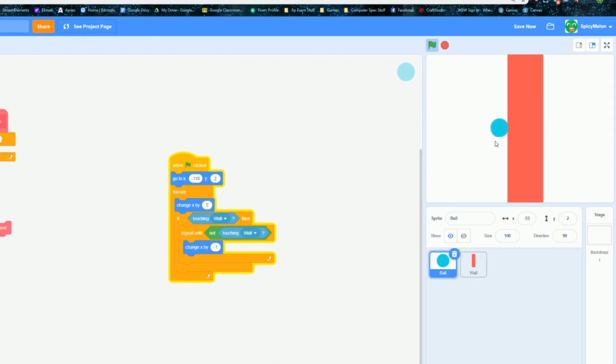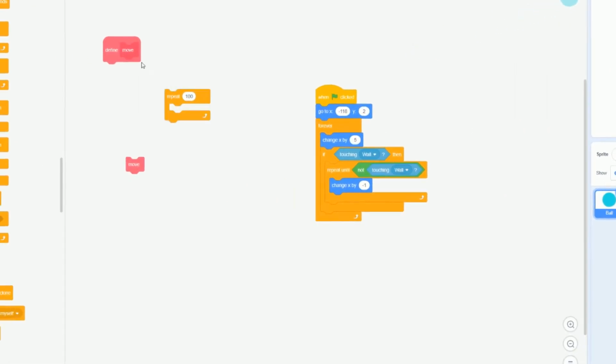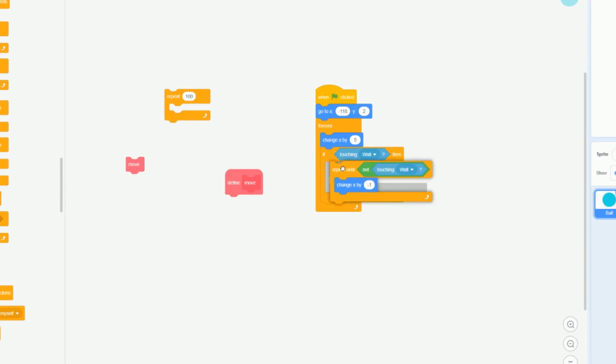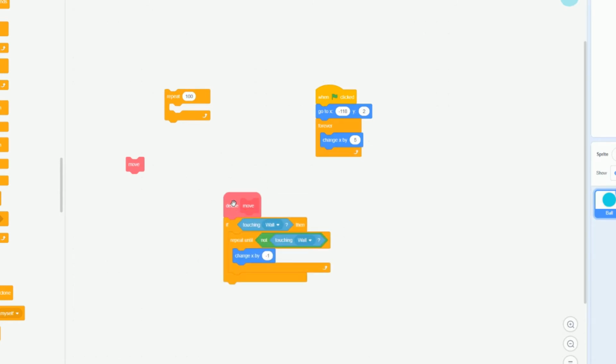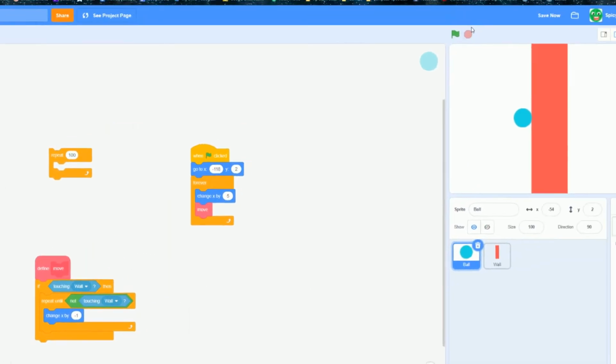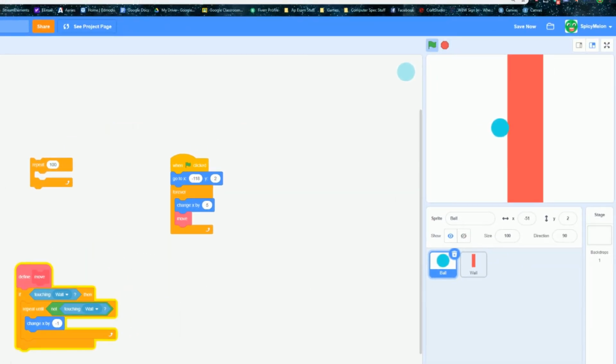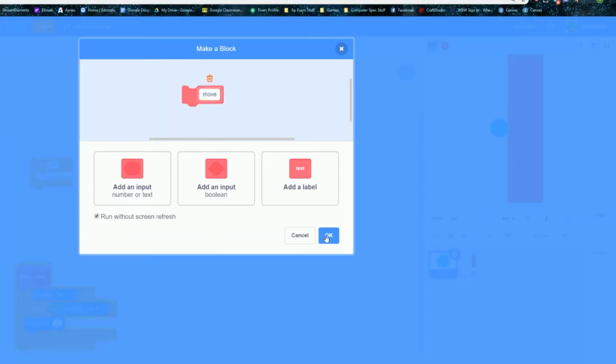And this is one of the problems you face when doing a physics engine, right? You get this weird bouncing thing, which you don't want. So you use a block. You'll take this and put it here, and then you'll do this. Now I have to make this run without screen refresh.